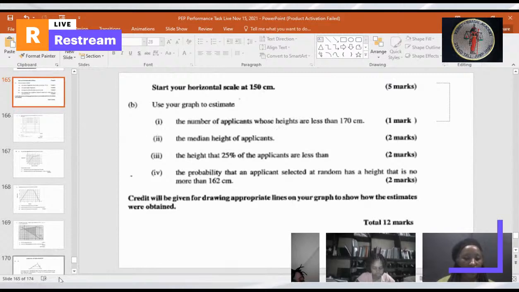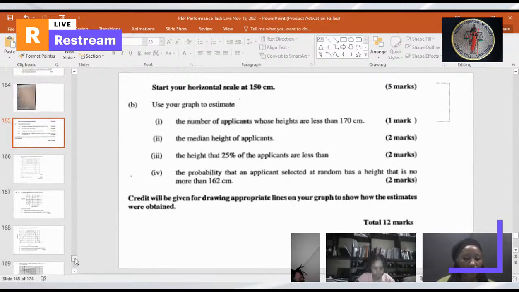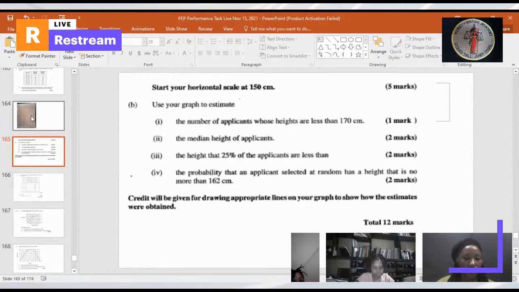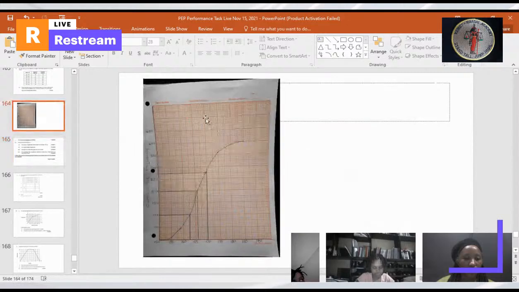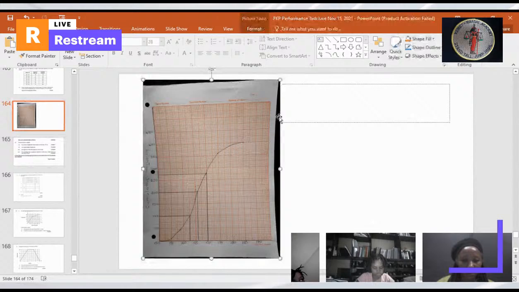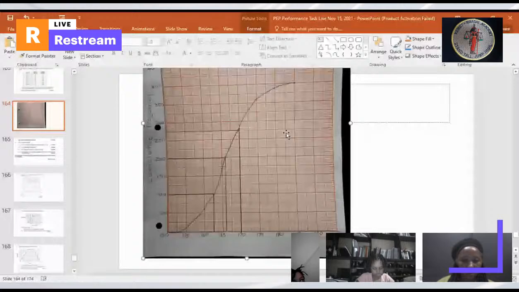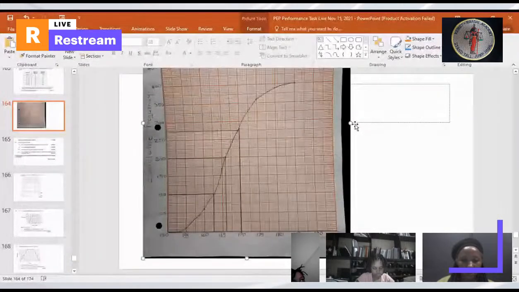All right, so going back, less than 170 centimeters. Let me see if I can expand it a little more.